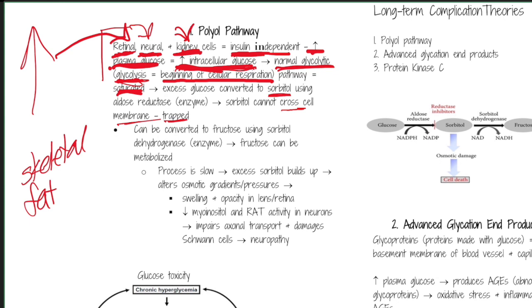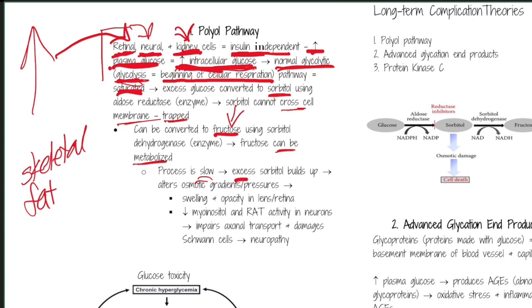It can eventually be converted to fructose, which is great, because fructose can then be metabolized, and it can exit the cell that way as energy or whatever. It can be broken down. But unfortunately, that process of turning that sorbitol into glucose is very, very slow.